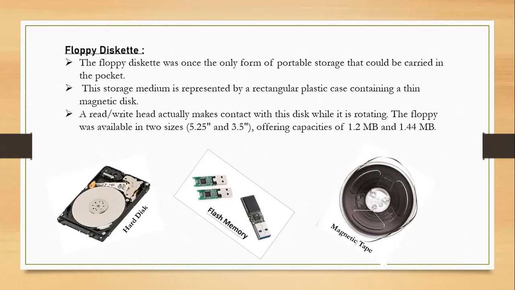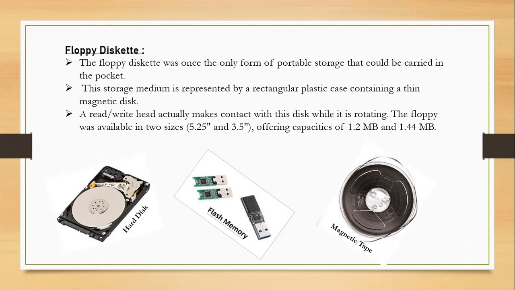Similarly, during our engineering days, we had systems with floppy drives to insert floppy diskettes. But probably you have not seen floppy diskettes and floppy drives. The size of each floppy disk was around 4 to 5 inches.